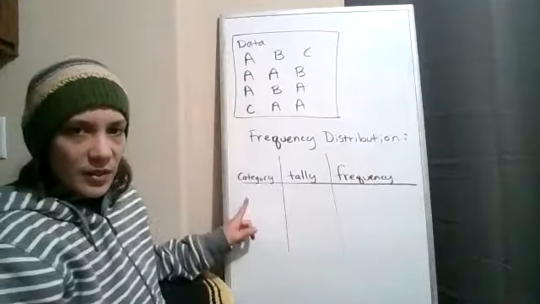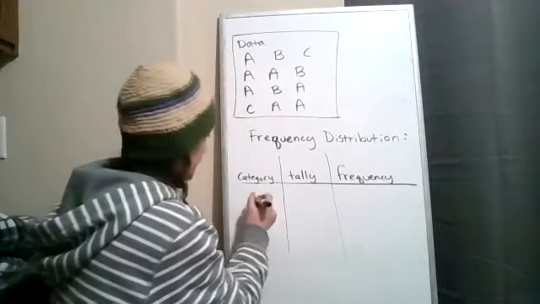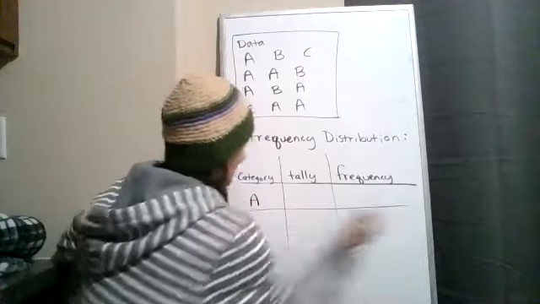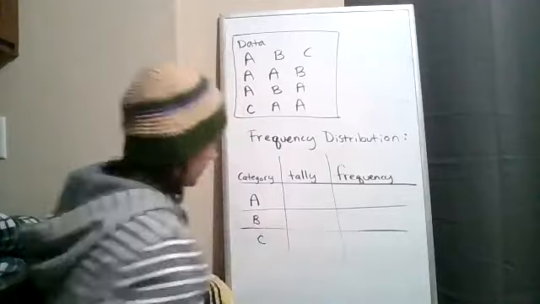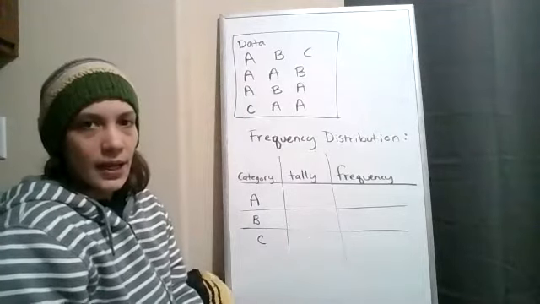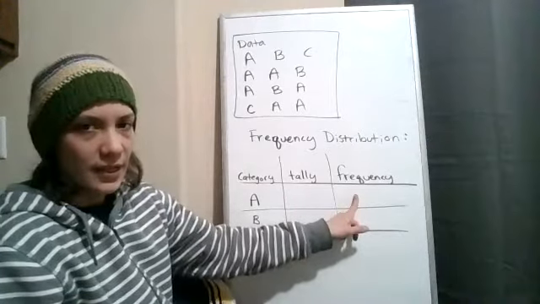Possible values of the variable are A and B and C. And then let's tally and then get the frequency for A.